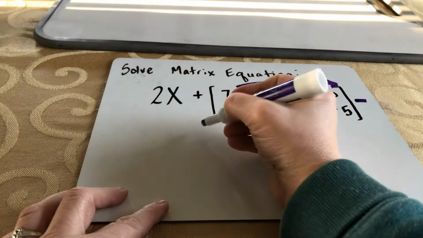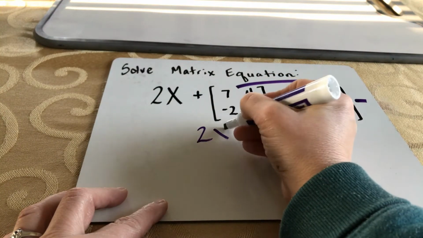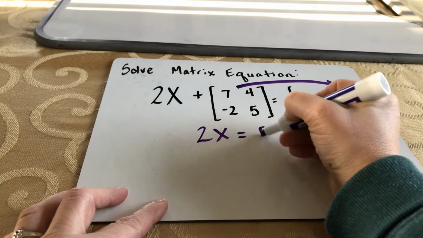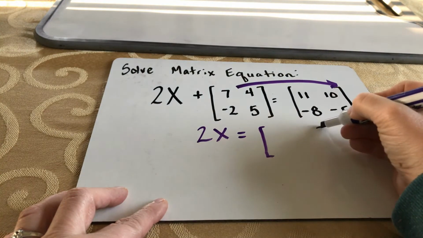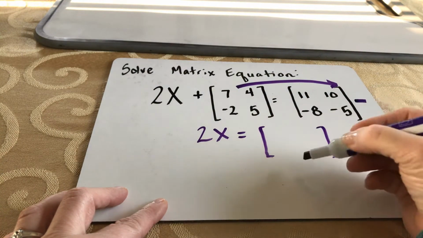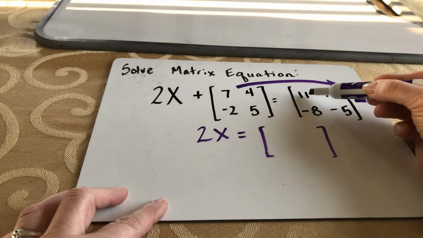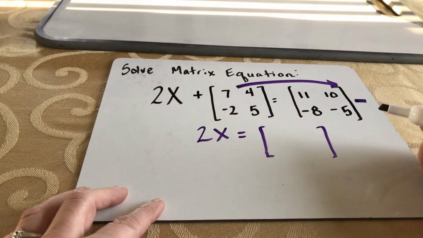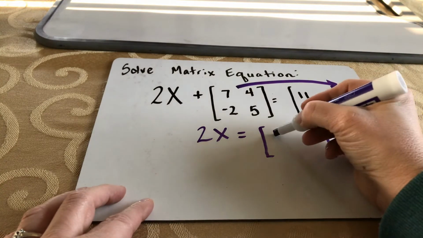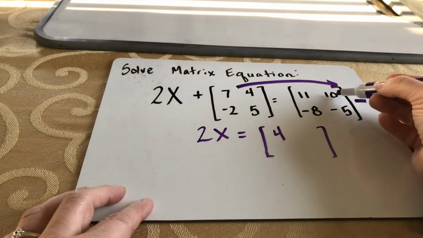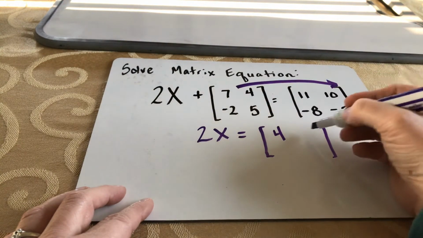I'm going to write down my 2x, which is still here. My matrices are both 2 by 2s, so I know my answer should be a 2 by 2 as well. And I subtract. We're going to take 11 minus 7. We're going to take 10 minus 4.